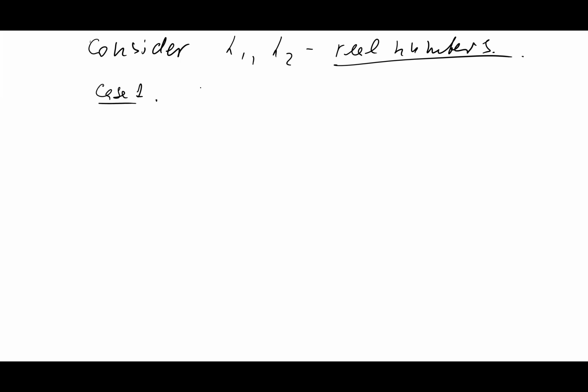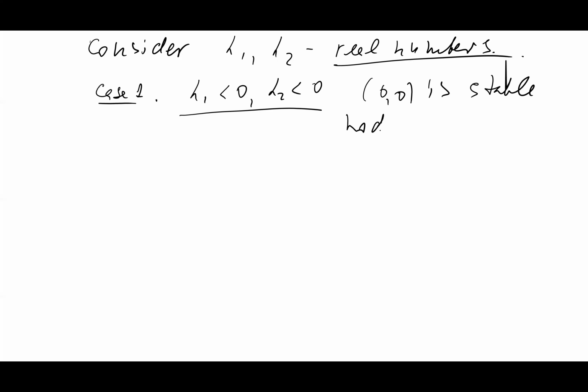If they're real, then everything is straightforward. Case 1: lambda 1 negative, lambda 2 negative. Then 0, 0 is stable, and it has a name: it's called a stable node. Case 2: one of the lambdas negative, another positive.